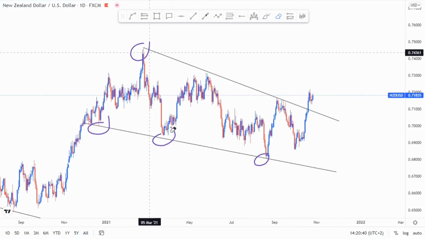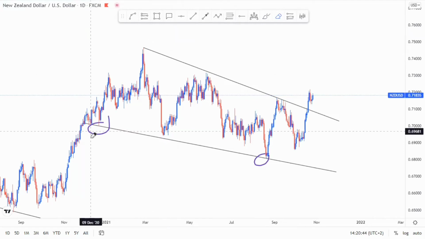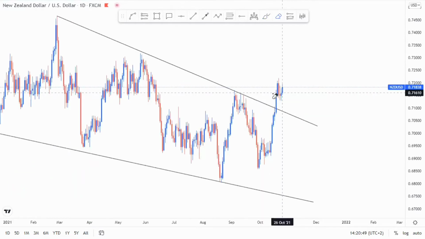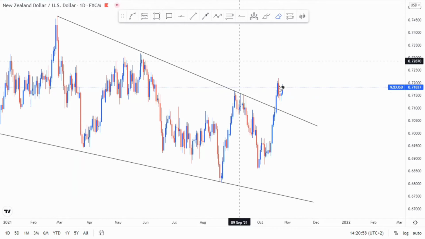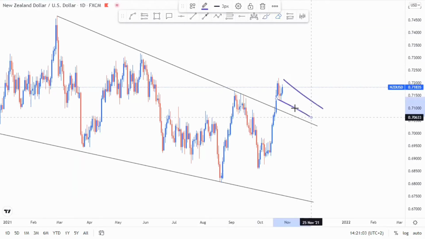So as you guys can see, we've broken out of this structure impulsively, and now we're looking for continuation pattern on the outside of this structure, on the other side of the trend line, something similar to this, then go up, something like that.